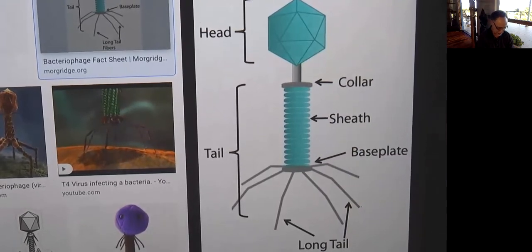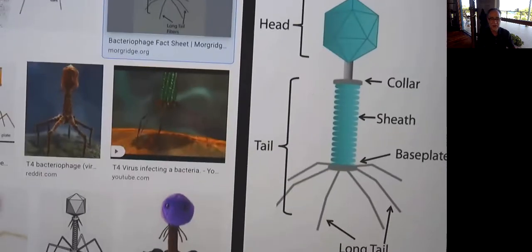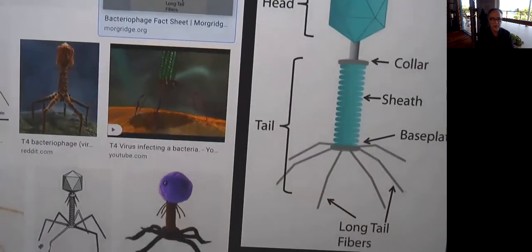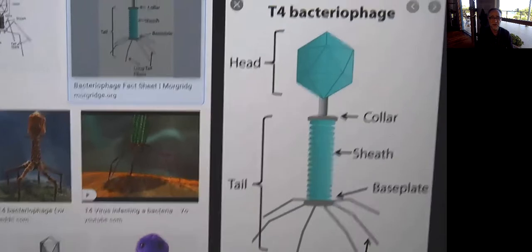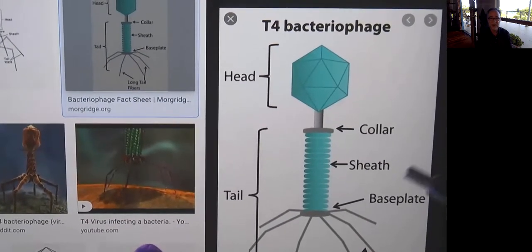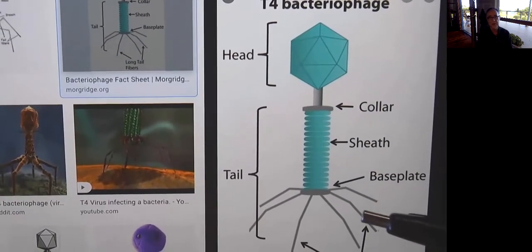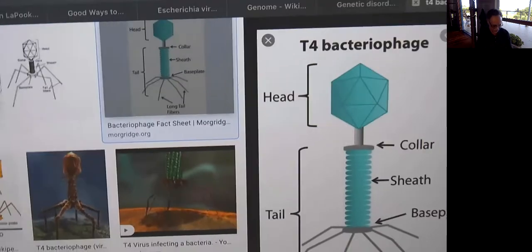It actually grabs hold of the cell, attaches, and drills and injects its nucleic acid from the head in there. It's really incredible. So look for YouTube on that. This is a virus that attacks bacteria, and it looks like a space invader. Mother Nature is very clever.